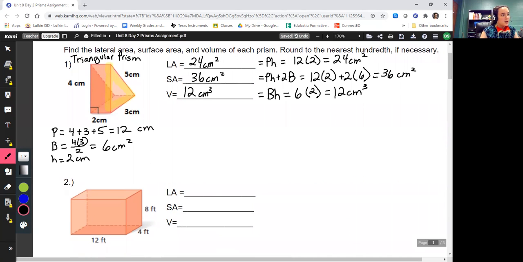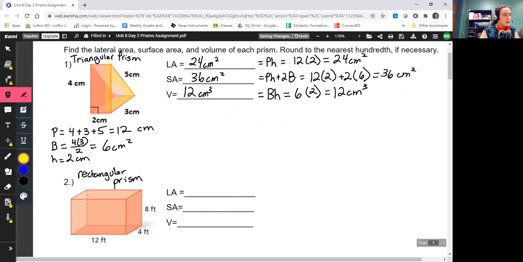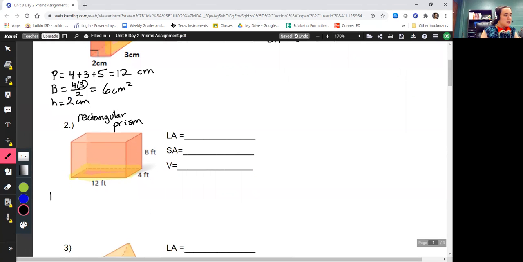Next up, we have a rectangular prism, which means that the rectangle that it's sitting on is our base. That means that this right here is our base. So we need to find the perimeter, the area of that base, and our height is 8 feet.